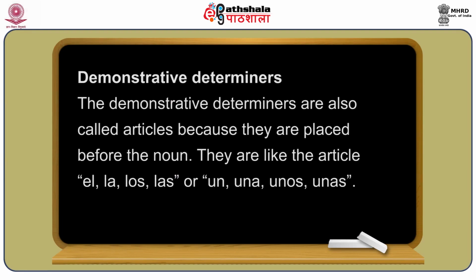They show or refer to the relative distance between the speaker and the object or noun. The demonstrative determiners are also called articles because they are placed before the noun. They are like the articles el, la, los, las, and un, una, unos, unas.